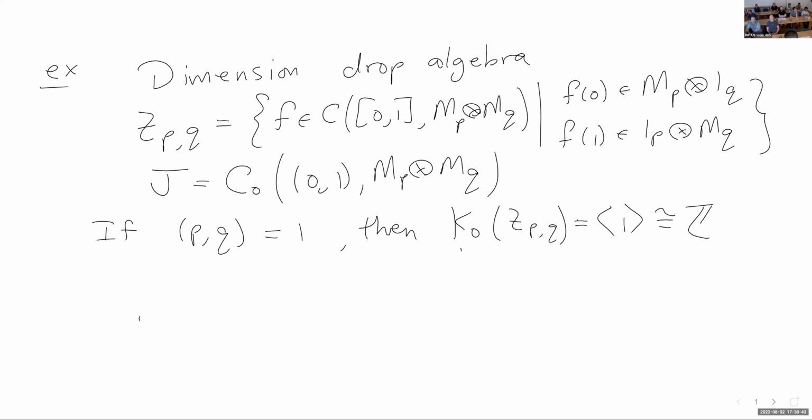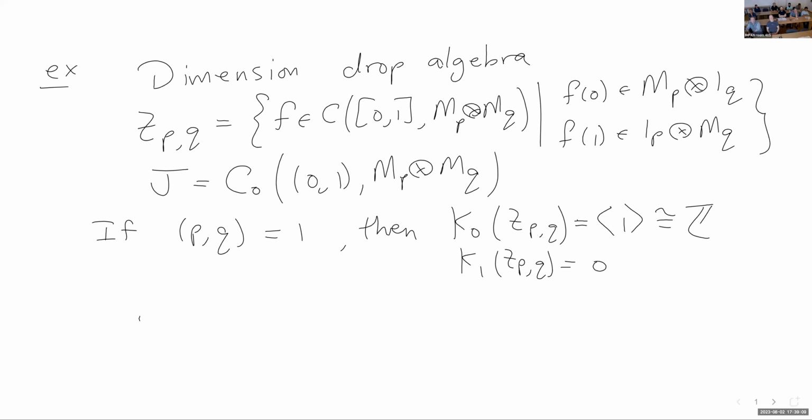And the K_1 group is 0. So if P and Q are not co-prime, you get some cyclic group there. And here you still get Z, but it's not generated by the unit. The class of the unit is R, where R is the highest common factor. But as I say, I think this is an excellent exercise to try. See if you can fill out the details.